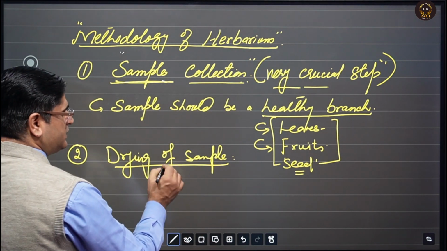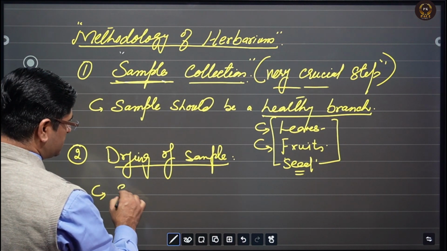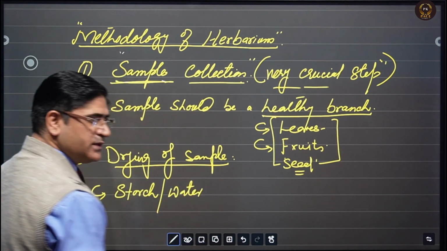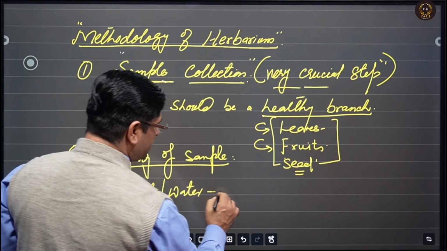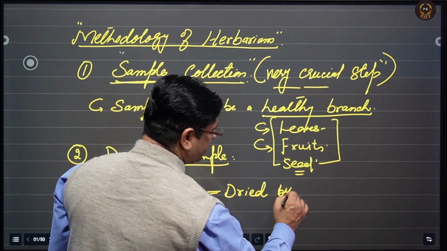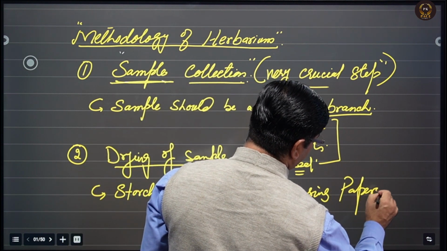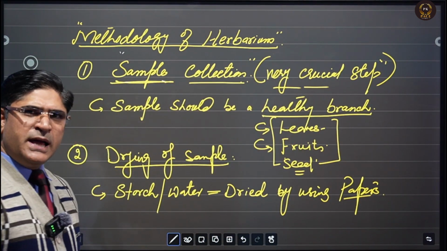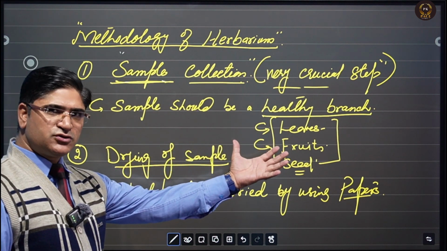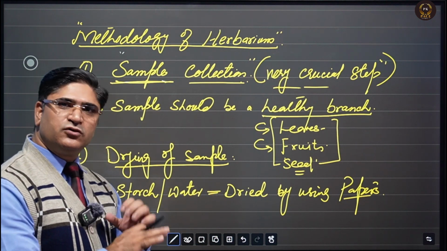In the lab, this sample contains starch and water, so it is dried using paper. Wrapped in paper, the specimens are kept inside, and after 1 or 2 days they are dried.